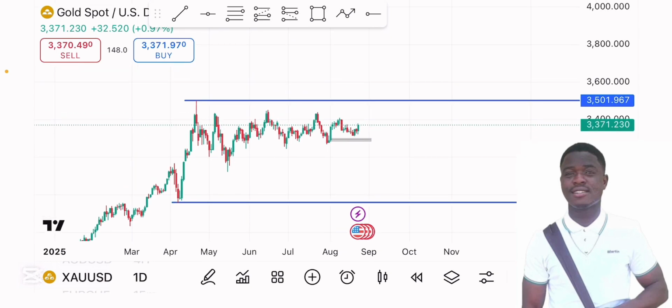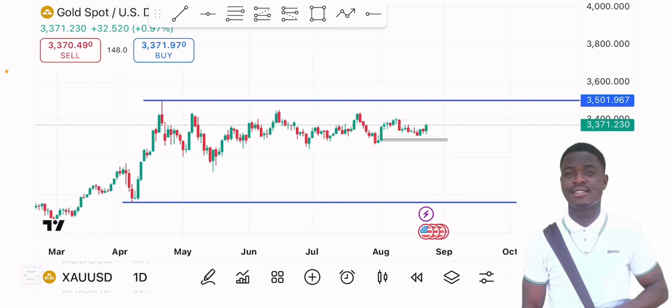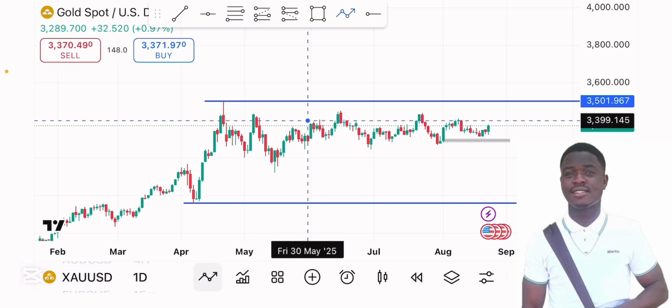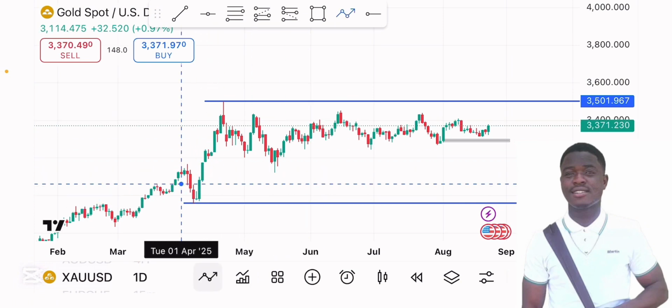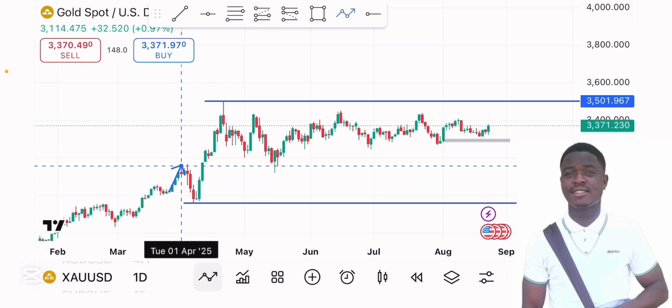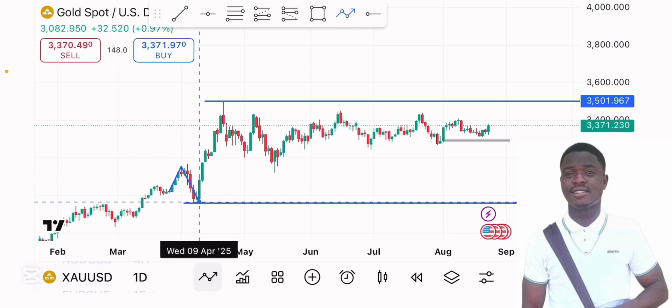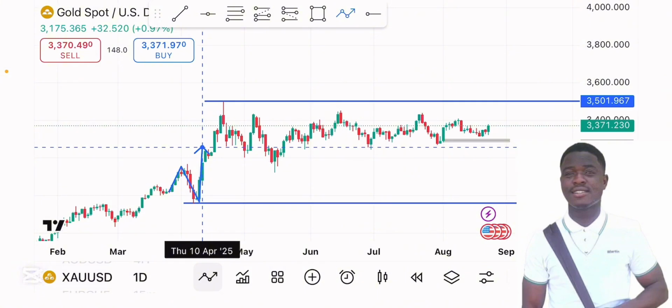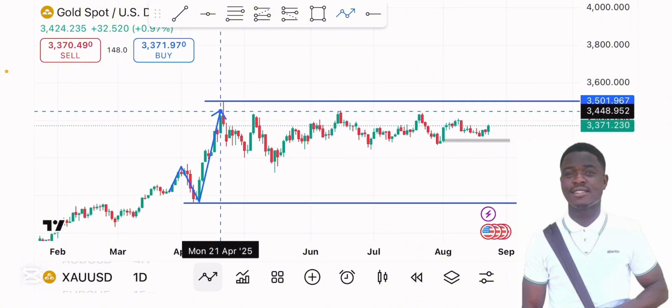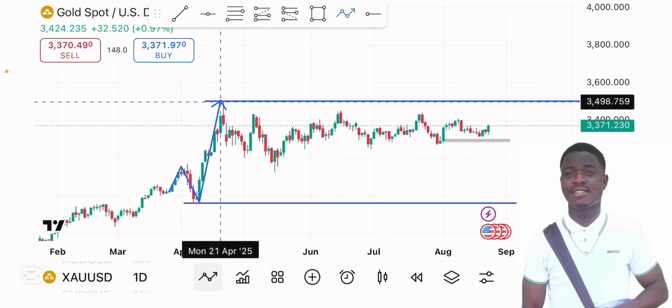From the daily time frame, this gold is on an uptrend. Why did I say it's on an uptrend? From here the market gave us a higher high and this is a higher low after this break of structure to the upside, and the higher low extended to this resistance level here.